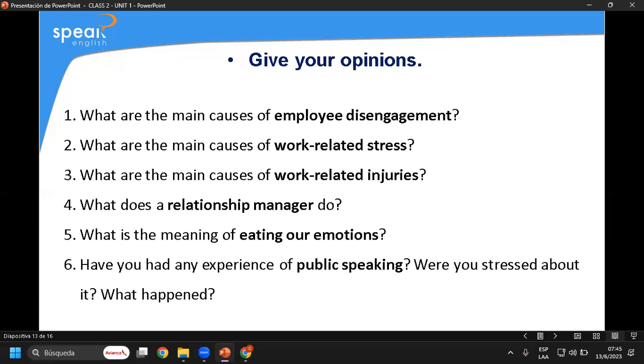The person is still working, but they don't feel an attachment to their job. They feel detached, right? They don't feel a connection. They are just doing the job because of the money, but they don't really care. If the work works, good. If the work doesn't work, good. It doesn't matter. Okay?